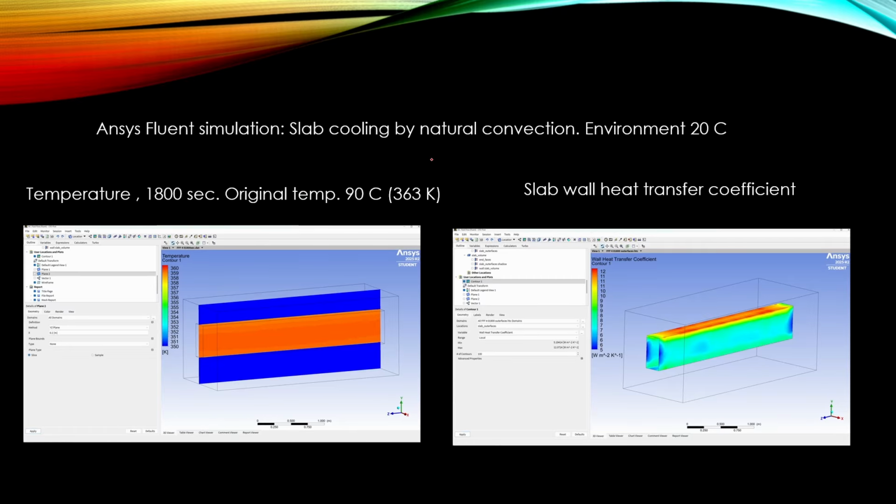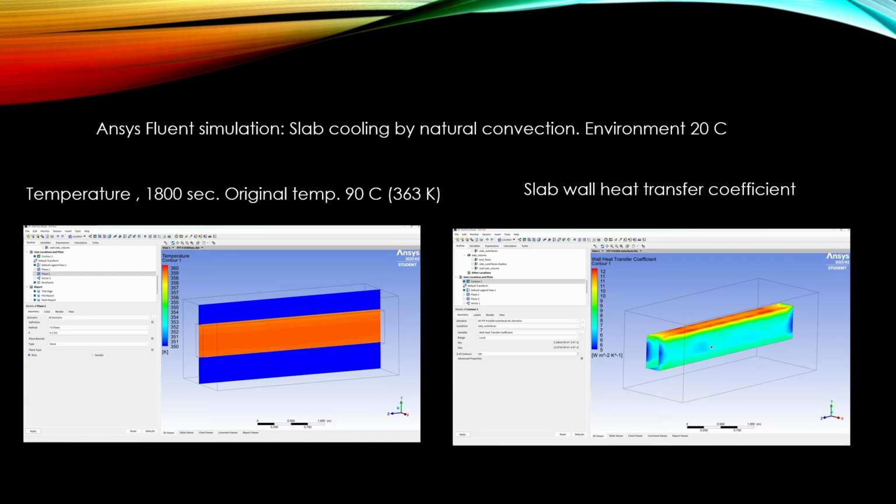Here are some results from Ansys Fluent simulations. This first case is the so-called natural convection case, and here we see the temperature in the middle of the slab, and here we see the slab wall heat transfer coefficient. The scale is from 5 to 12 watts per square meter Kelvin.